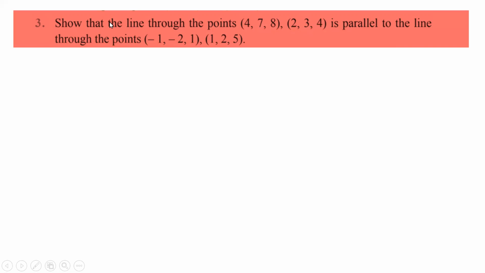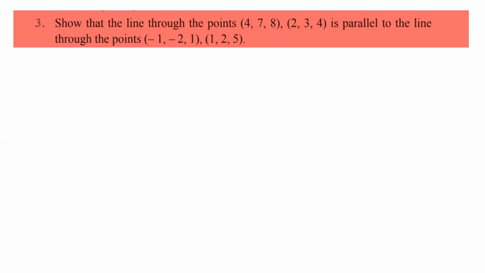So for showing they are parallel, we know that if the direction ratios of the lines are given, then a1 by a2 is equal to b1 by b2 is equal to c1 by c2. First, try to solve the question by yourself, then go through the solution.